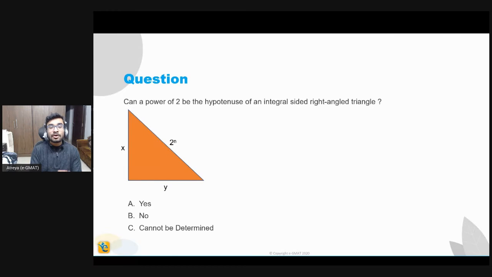This question is on the even and odd property, with a bit of Pythagorean triplet information required to solve it. But one thing for this question, it's beyond the scope of GMAT. It's just to test whether you are at the 750 or 800 level or not. So if you feel that you are at that level, you can try this question, and I hope you would like it a lot.